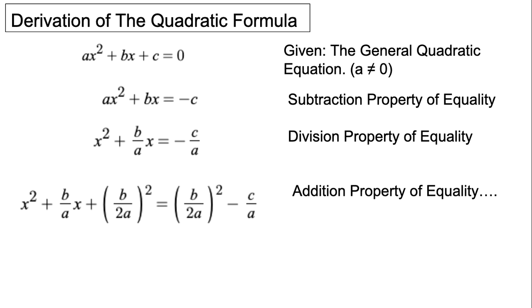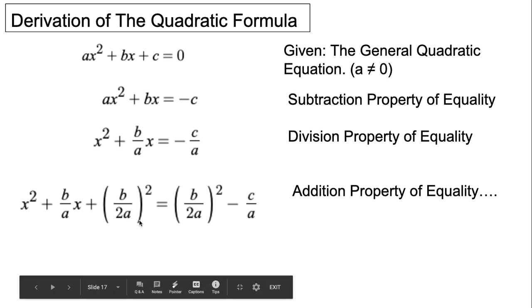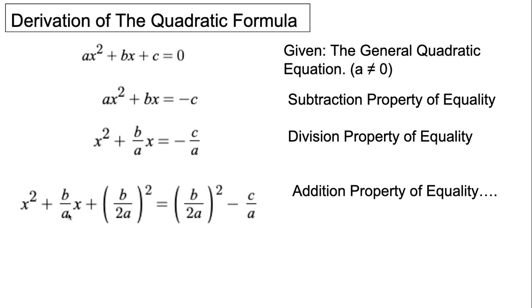But really, you'll notice that this particular constant term on the left-hand side completes this square. What did I do? I took half of this thing, half of b over a, that's b over 2a, and then I squared it in order to make the left-hand side a perfect square. This is now a perfect square on the left-hand side. And because I added it to the left side, I also have to add it to the right.